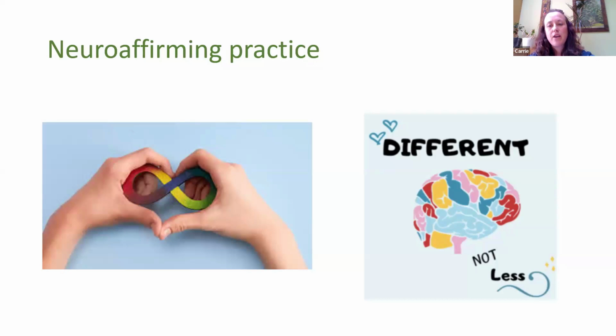It's helping them to understand how they can cope and manage with those differences that they have. So I'm hoping lots of the strategies I will give you today will help and be neuroaffirming.